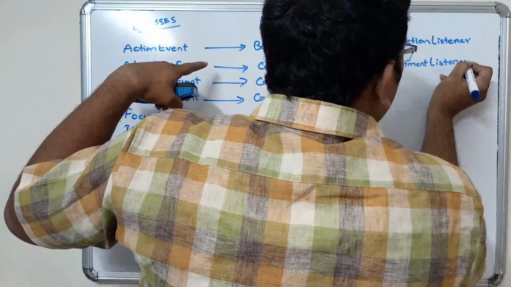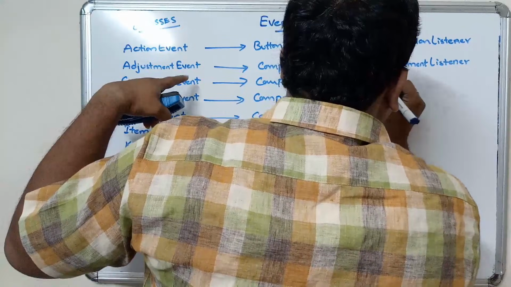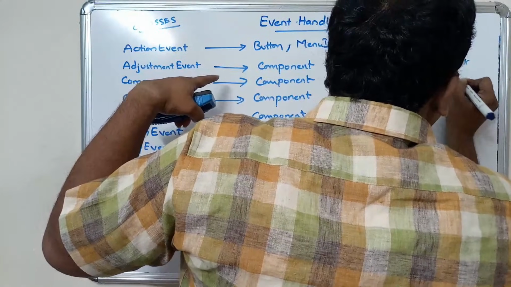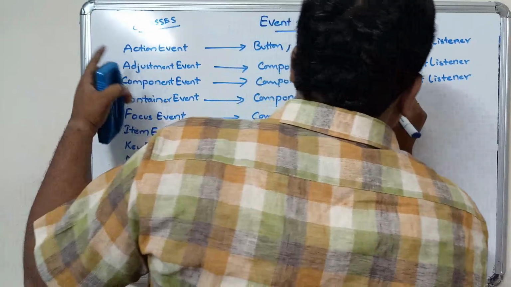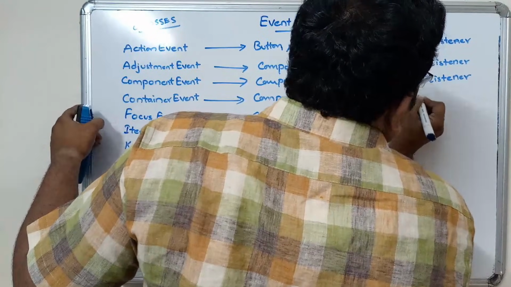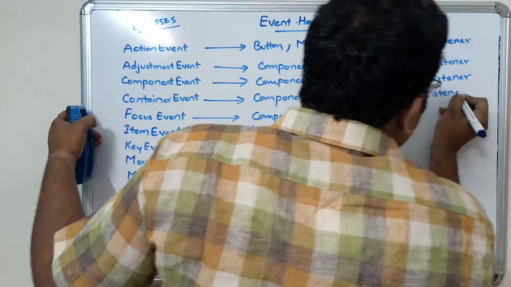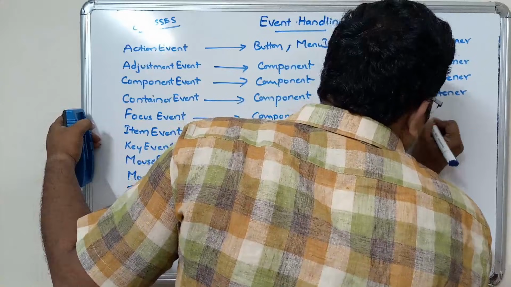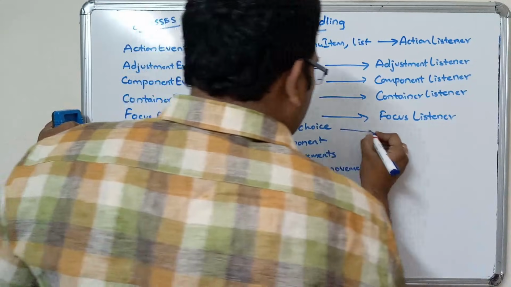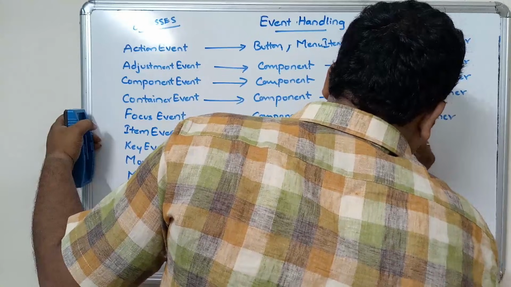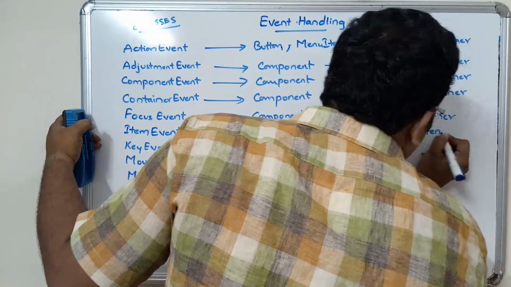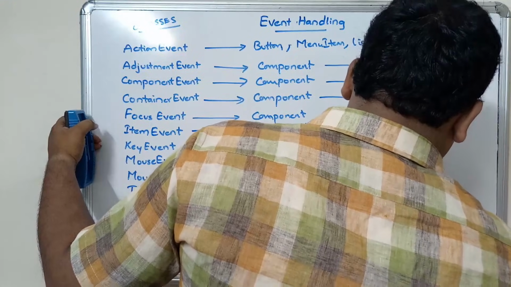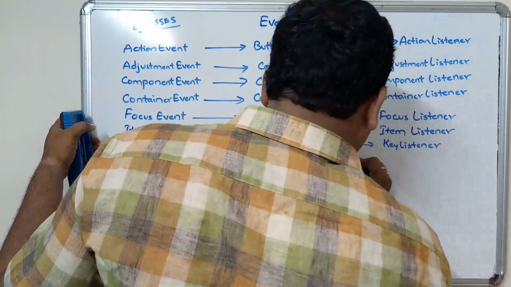For adjustment event, adjustment listener. For component event, component listener. For container event, container listener. Focus listener. Item listener. Key listener.